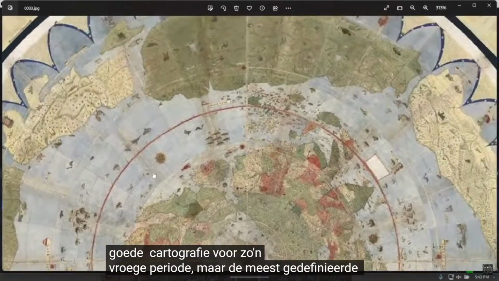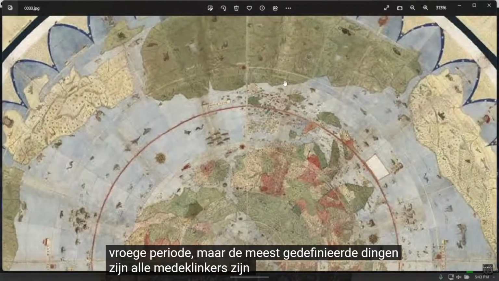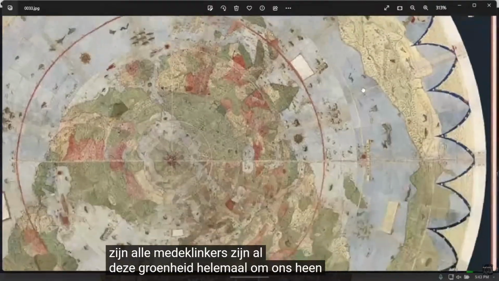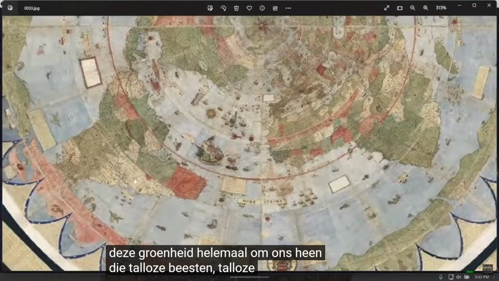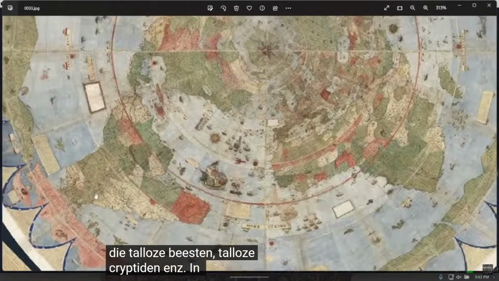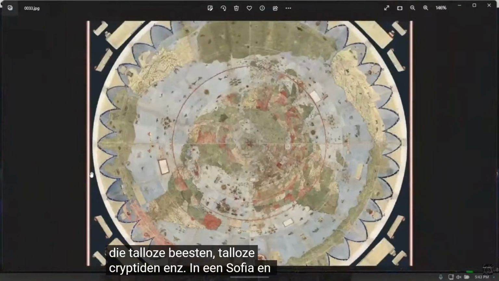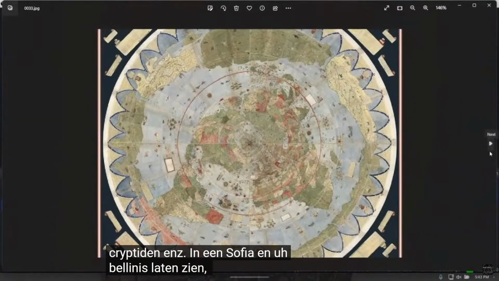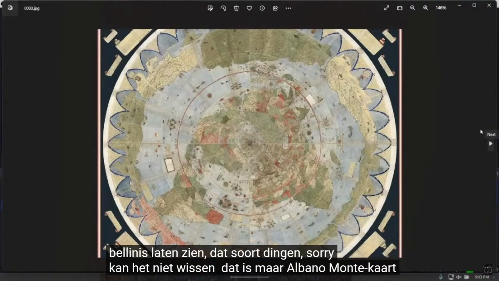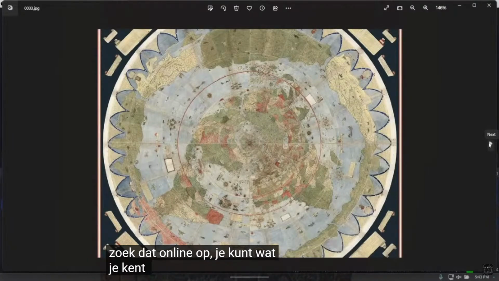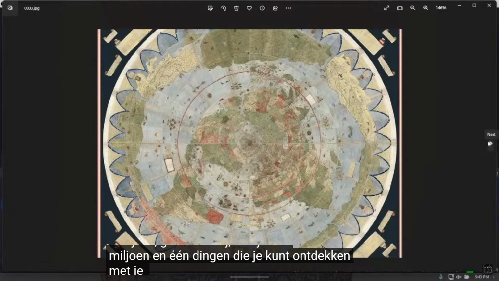But the most defined things are all of the continents, or all of this greenness, all the way around us, which show numerous beasts, numerous cryptids, etc., Sinosauria and Bellinis, that type of thing. So sorry I can't clear that up. But the Urbano Monte map, look for that online. You can get some high definition downloads and check it out. Go in close. There are 1,000,001 things you can discover with the Urbano Monte map.